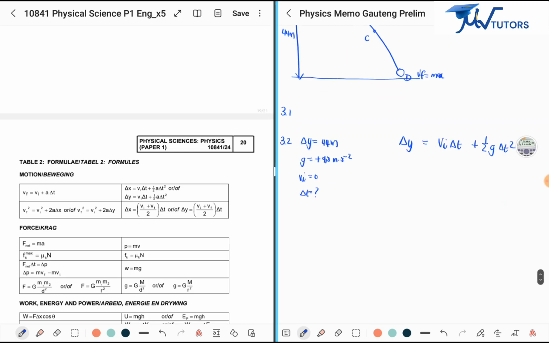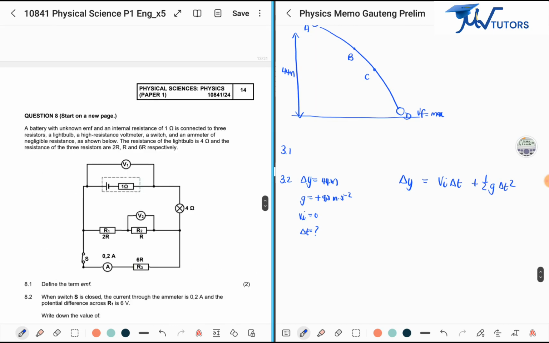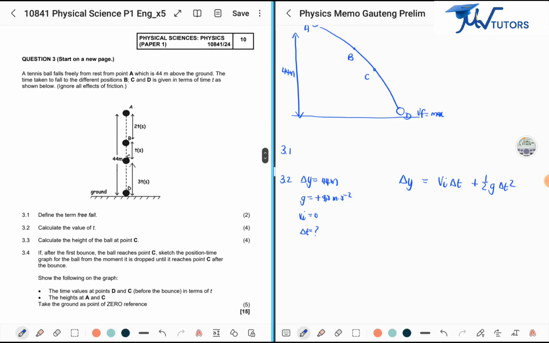Okay, and what do we have as initial velocity? We have 0. So I'm not even going to put that term there. And then we have a half times 9.8, and we are actually looking for t. And here we have 44.